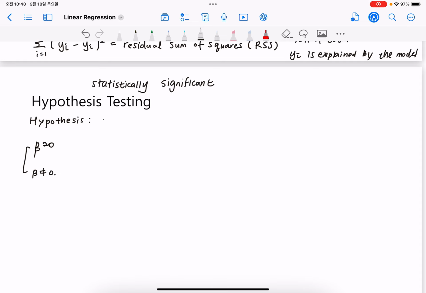So a hypothesis is nothing more than a guess. It's a guess of anything that you want to predict, okay? So more in a statistical sense, it's a guess about the unknown beta.